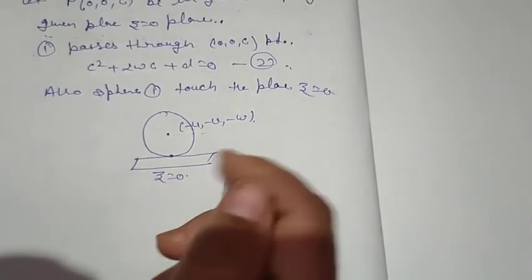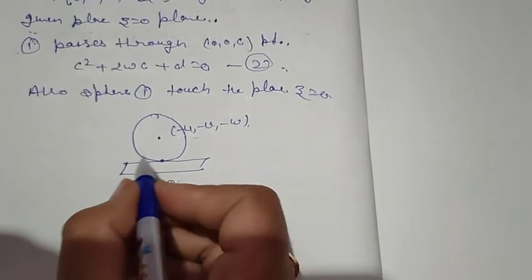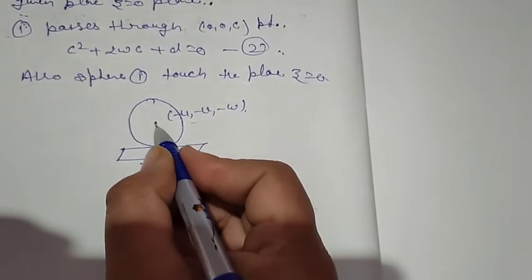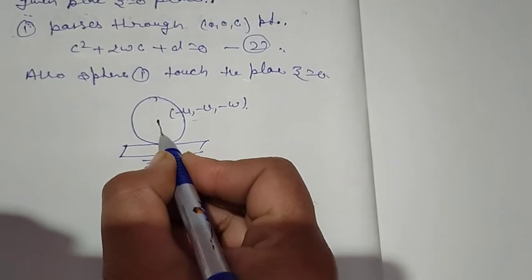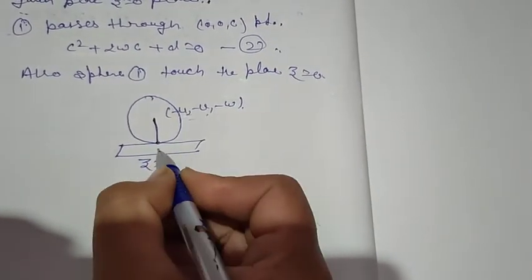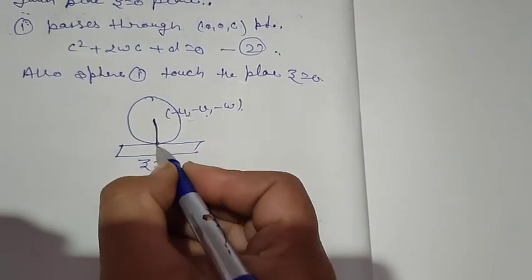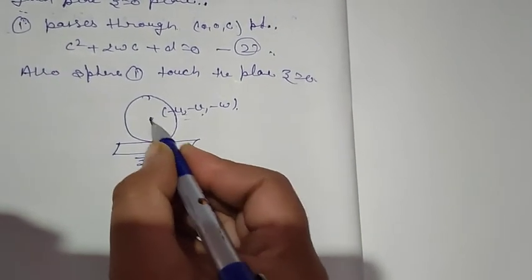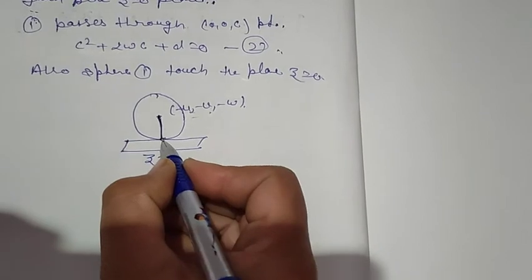It is given, so we find the condition. The perpendicular distance from the center to the plane is equal to the radius. This is the radius, and this is also the perpendicular distance.